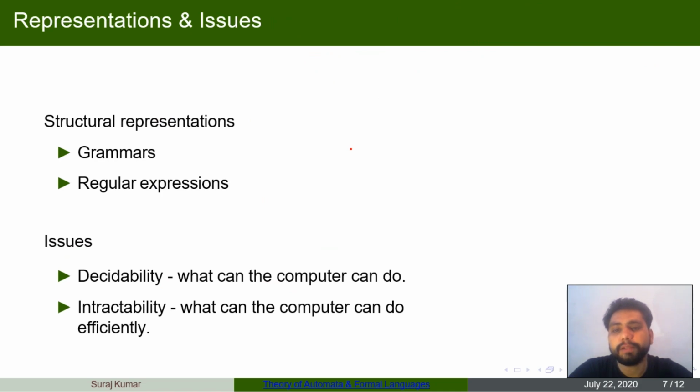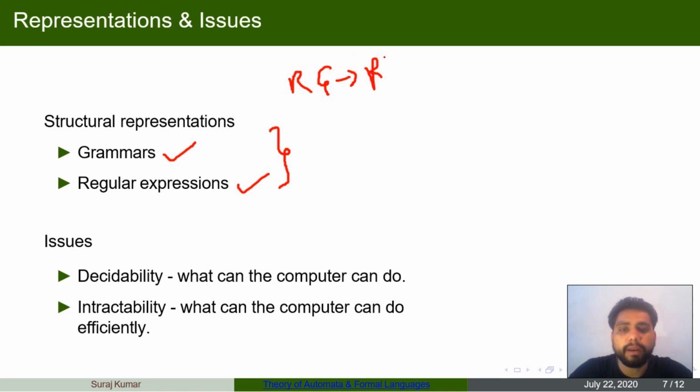Usually your language is constructed with the help of your grammar. You can also have regular expressions and other grammars. For a regular language, you will have a regular grammar. Suppose you have a context free language, you will have a context free grammar for that.